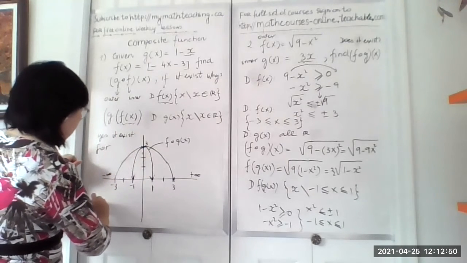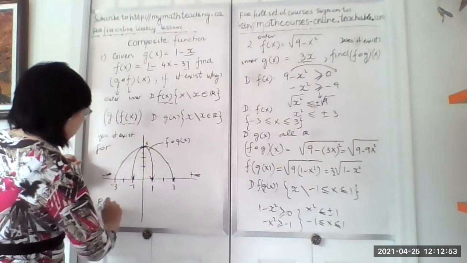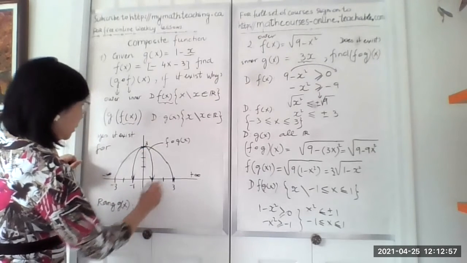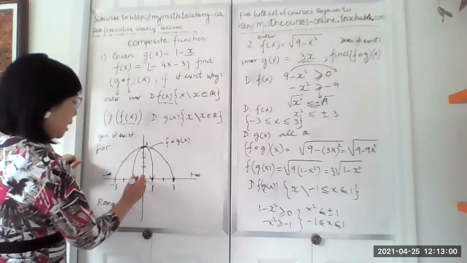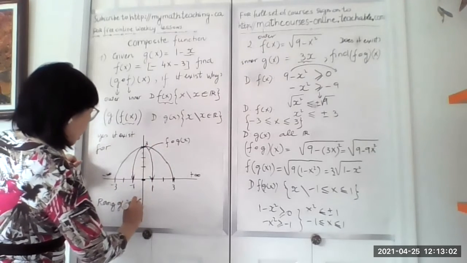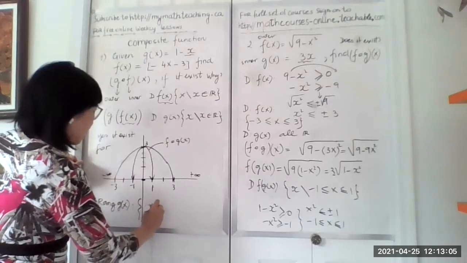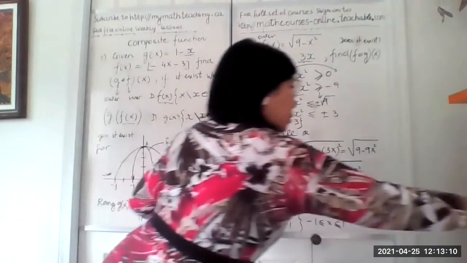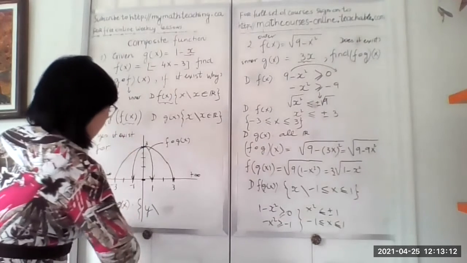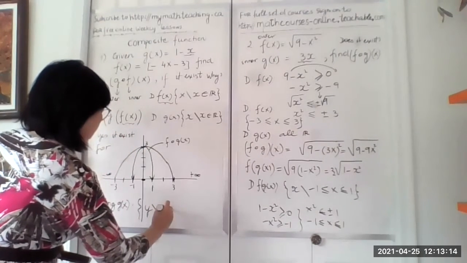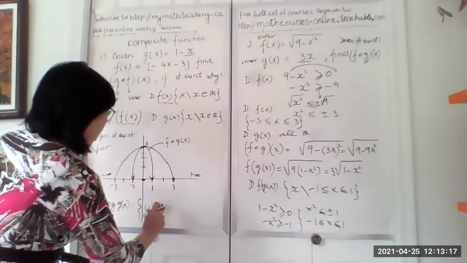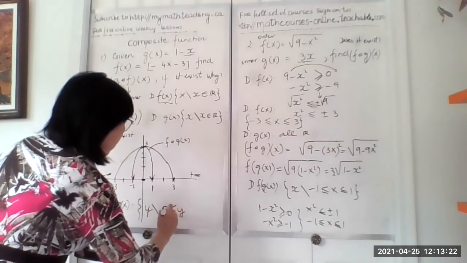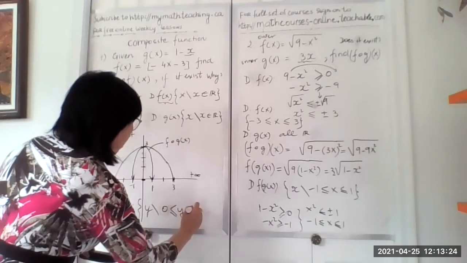And the range of g of x, instead of from negative to positive infinity all the way from here to here, now we have to restrict it to the set of y such that 0 less than y less than or equal 3.